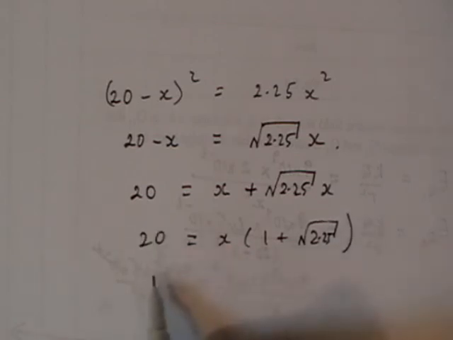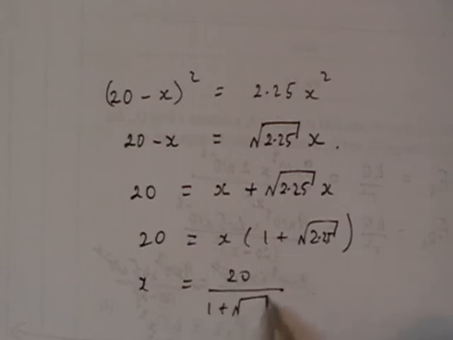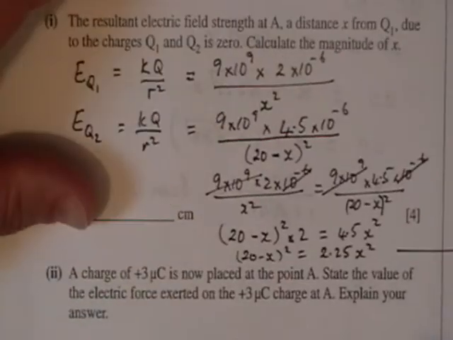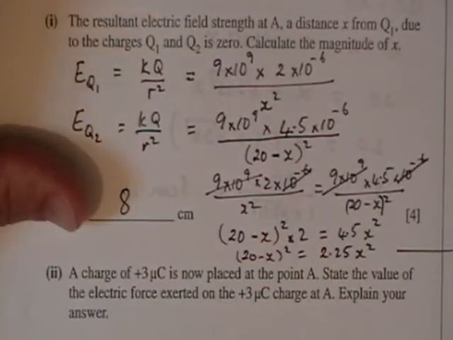So x is equal to 20 over 1 plus the square root of 2.25, and putting that into your calculator, that turns out to be 8 centimeters. So x is equal to 8 centimeters.